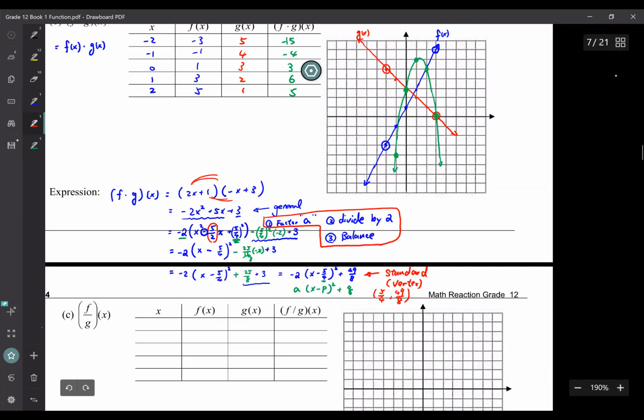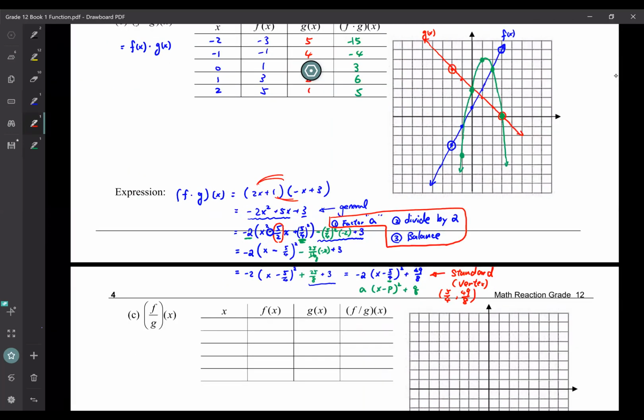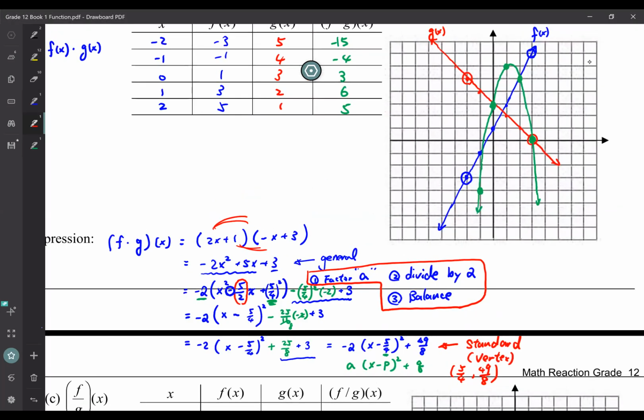5 over 4. So let's see if it matches our graph. If you look at the graph, 5 over 4 is about 1.25. Right? 1.25. What about 49 over 8? Catherine, what's 49 over 8 in decimal? Catherine.